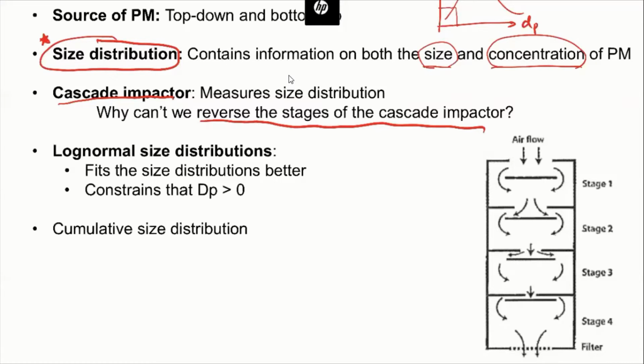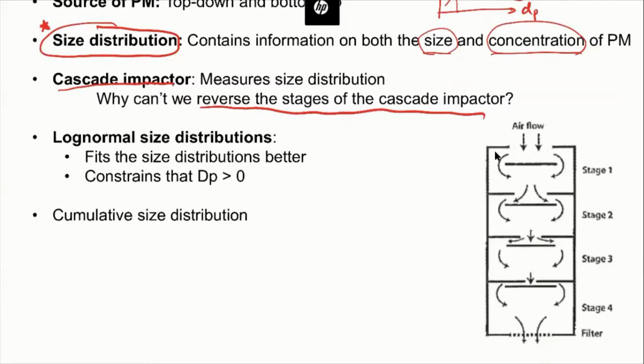It is quite obvious. Basically, if we switch the fourth stage to the top, then we're going to collect everything on the fourth stage. There's no way we can collect particles further below. And that's why we will not be able to differentiate particle sizes. Everything will just collect down here, right? That's why the stage sequence matters a lot.